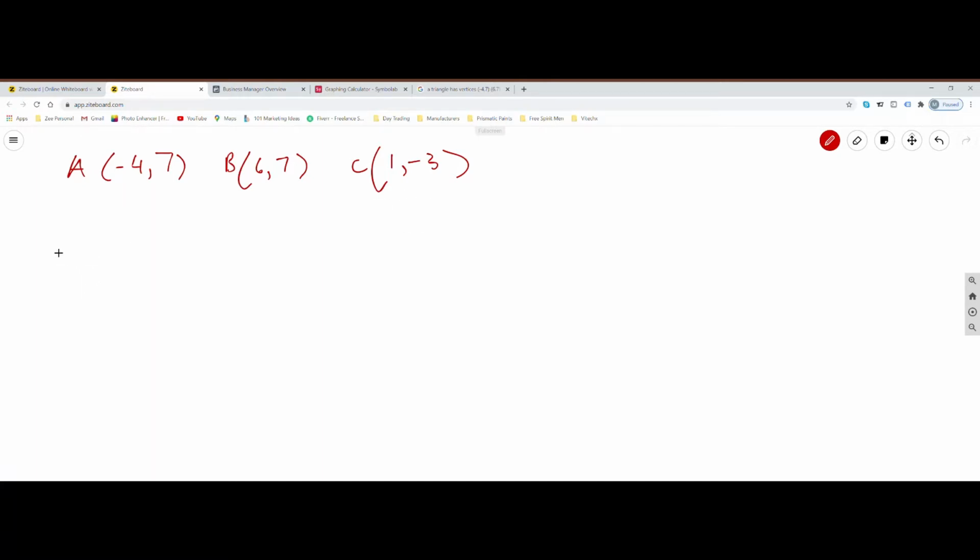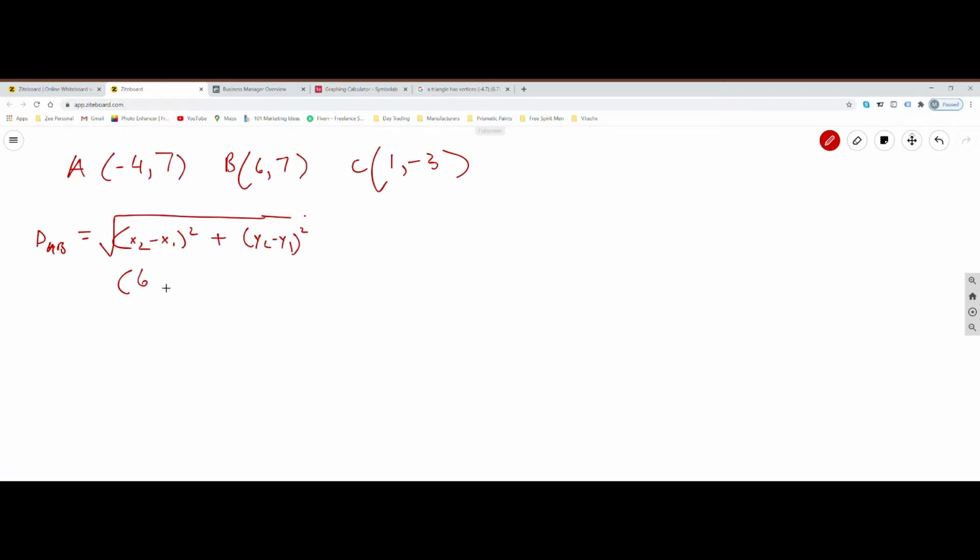So in order to determine the perimeter, we need to find the distance of AB, which is going to be the square root of (x2 minus x1) squared plus (y2 minus y1) squared. So for this one, it is for AB. Let's consider this as x2.